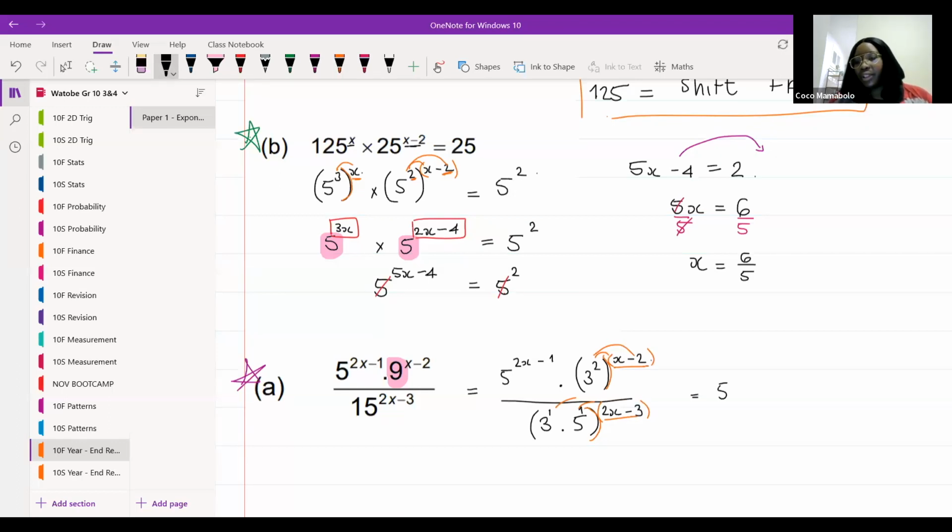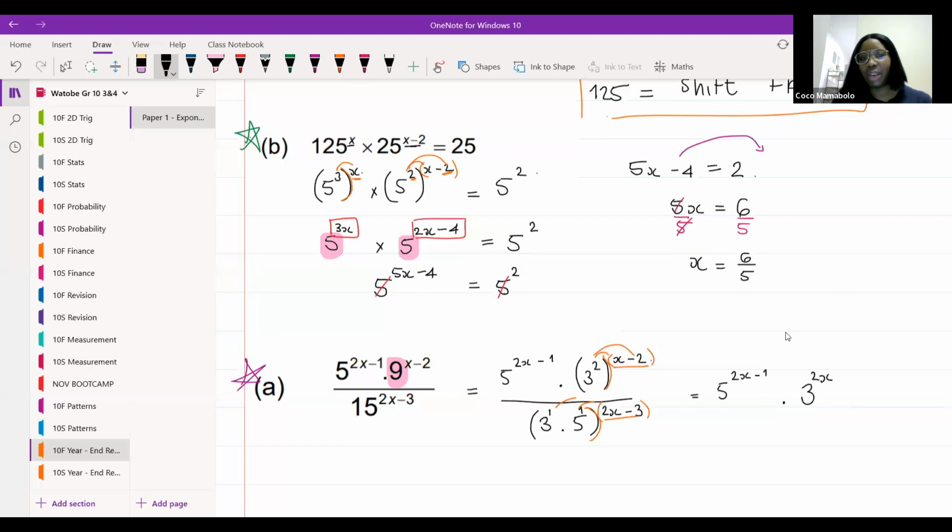We're going to get 5 to the power of 2x minus 1 multiplied by... if anybody wants to jump in and volunteer to finish this sum for me, I'm happy to have you. But I'm going to continue. Yes, patience. I love it. We're going to have 5 to the power 2x minus 1. Then 3 times 3 to the power 2x minus 2.